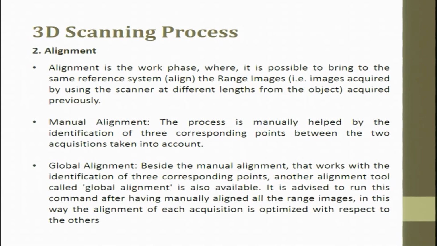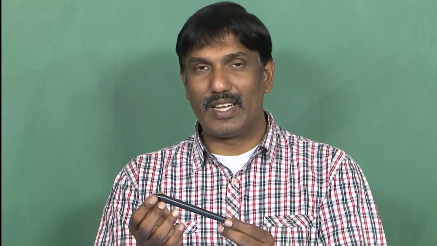Alignment. Alignment is a work phase where it is possible to bring to the same reference system the range images acquired previously. Alignment is something very interesting. Suppose I have an object placed on a plane, and suppose the object is slightly deviated, then what happens, there is a reference plane, there is an error.